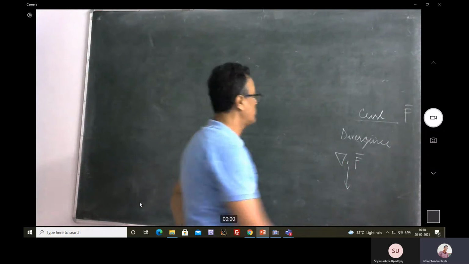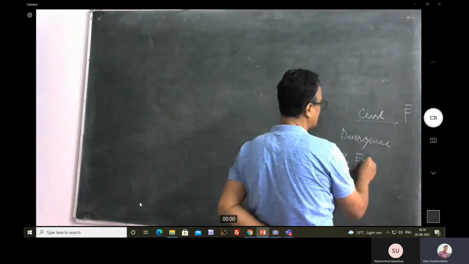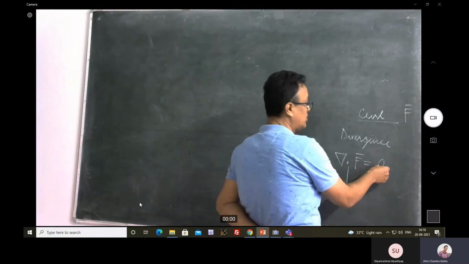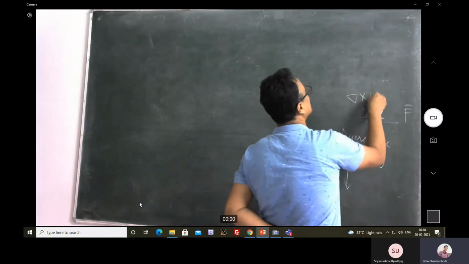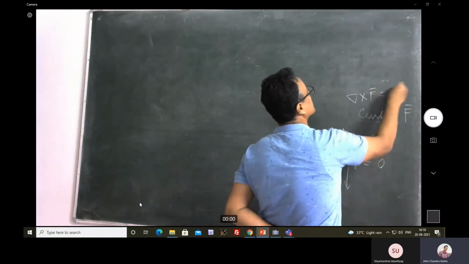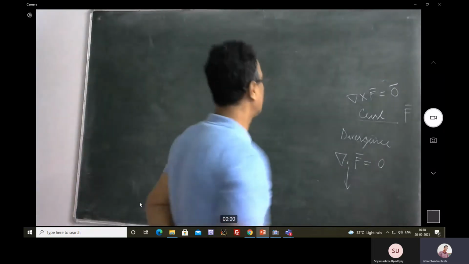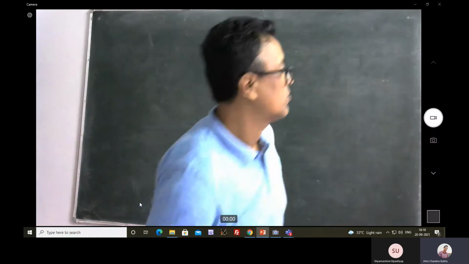That is why when we say that divergence is 0, we simply use the scalar 0. But when we say that curl is 0, we are always going to use the vector notation. Remember that.